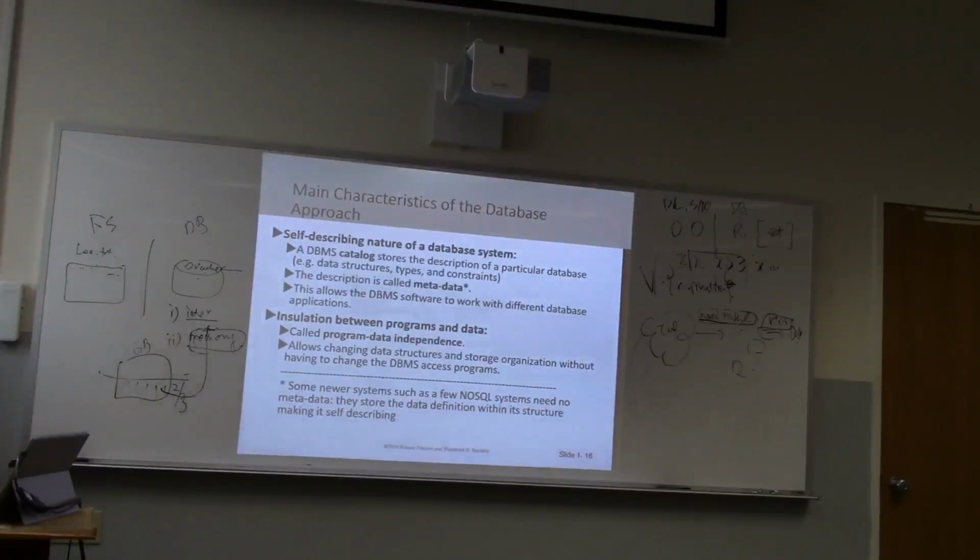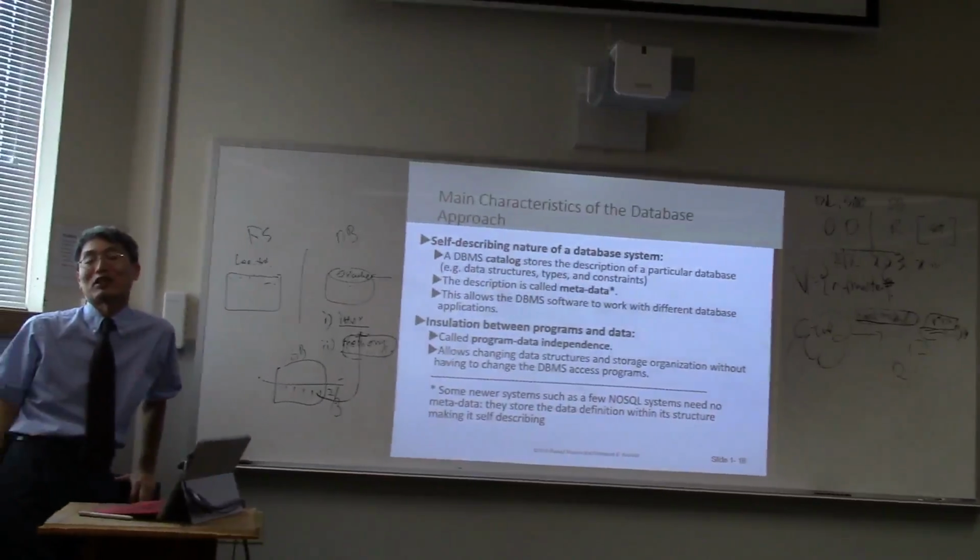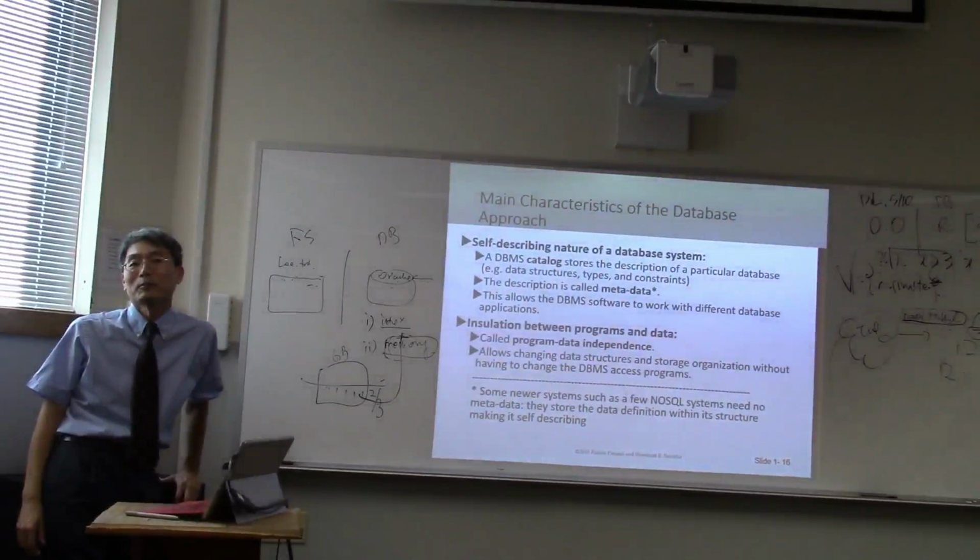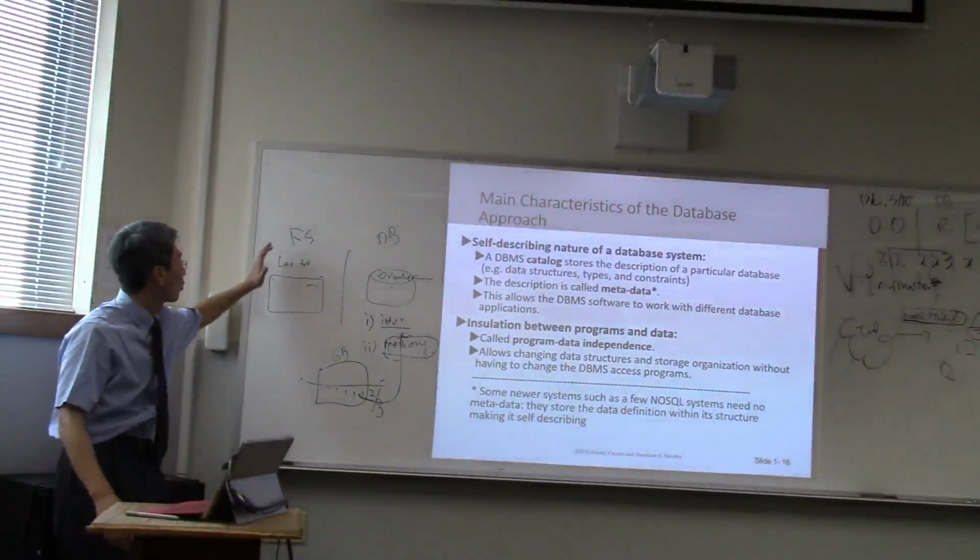However, it's not easy. So, for example, when I search for my friend's phone number, I need to open the file. Then I should know how this file is organized whenever I access this file, right? Otherwise, you need to go through all the data.